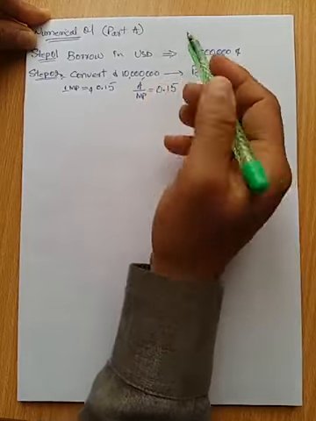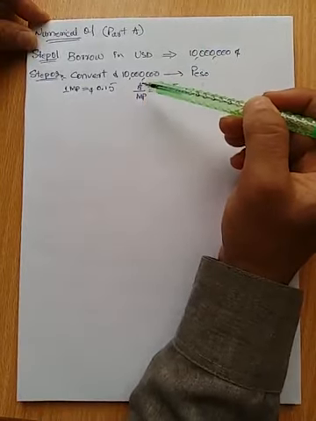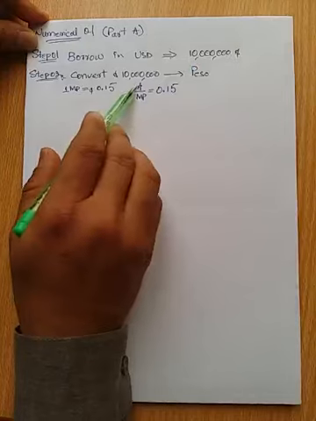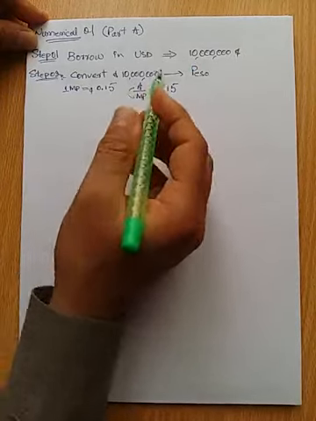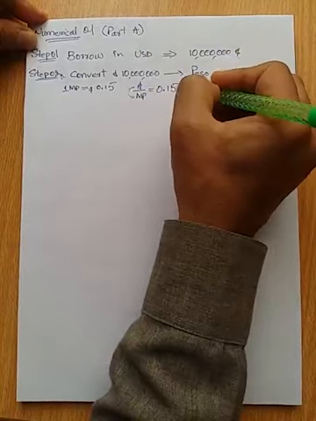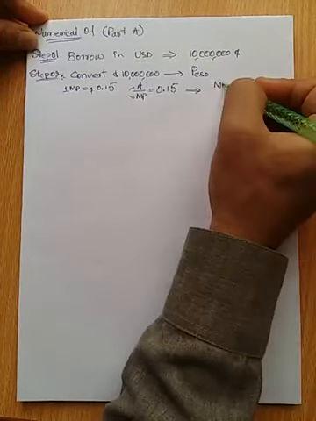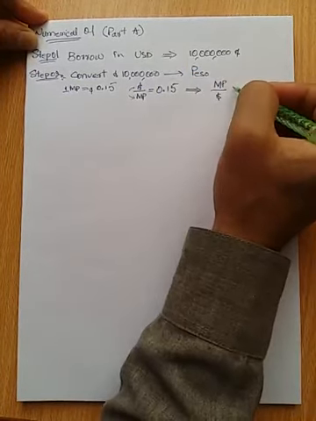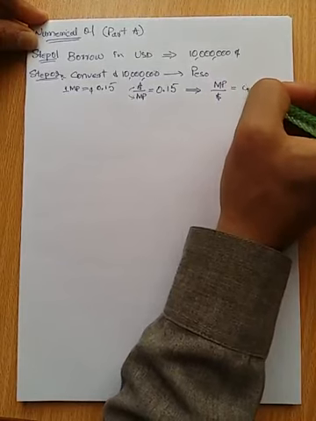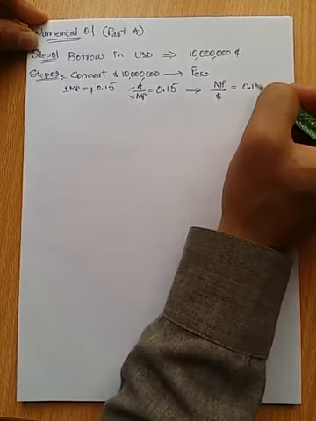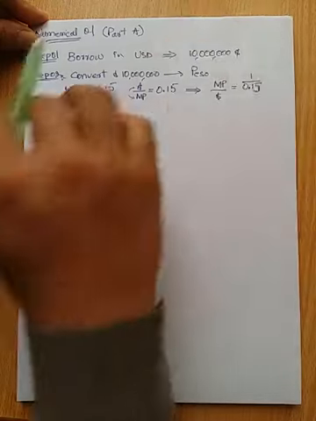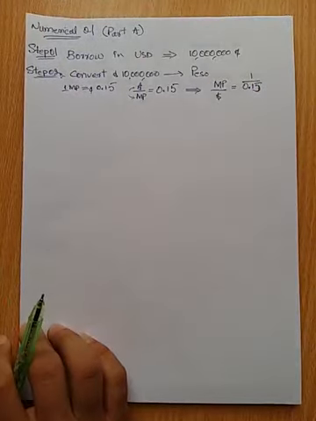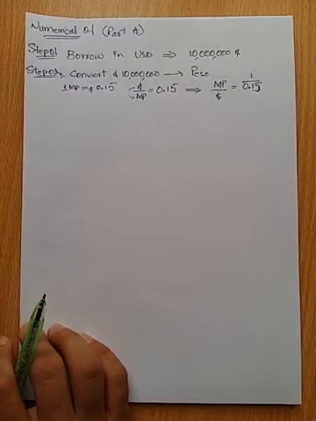Let's apply the rule. The rule was currency in hand must be written at the bottom. We have dollars in hand, so it must be brought down, reversal. When I reverse this, it would become Mexican peso divided by dollar is equal to 1 divided by 0.15. This is how you will do it.